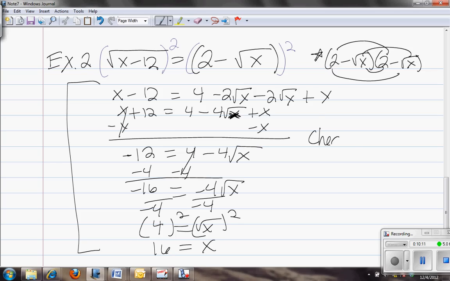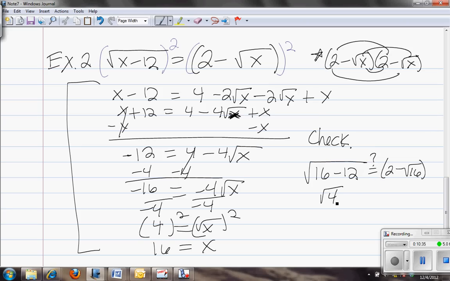Now let's check our answer and see, even if we know it's right here, whether it's a real solution. So if I put 16 minus 12 is equal to 2 minus square root of 16. Does that work? And we're checking. So is this true?